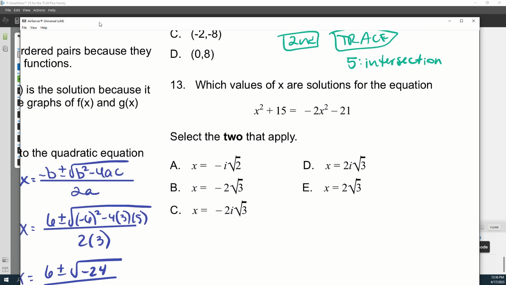So if I'm going to solve this equation, I would get my x squareds together by adding 2x squared. And then I would get my numbers together by subtracting 15. And then divide by 3.